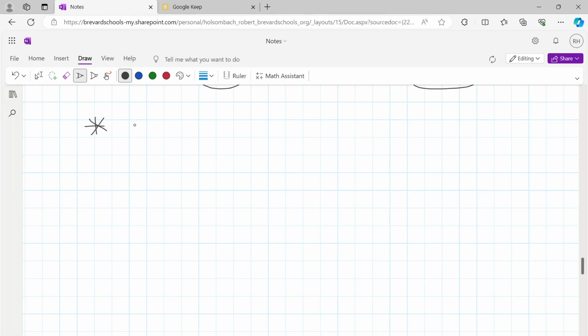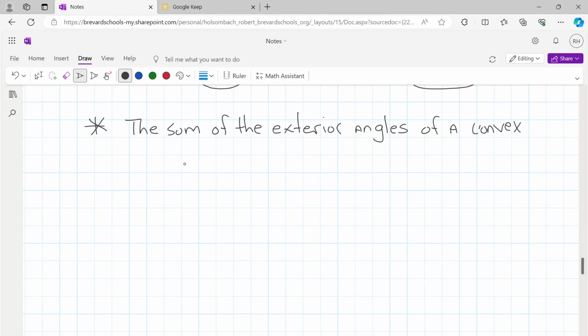And it states that the sum of the exterior angles of a polygon, of a convex polygon, is 360.